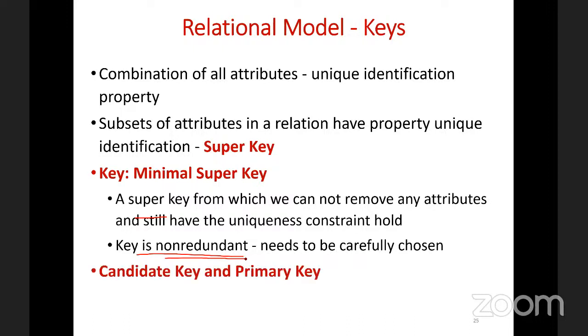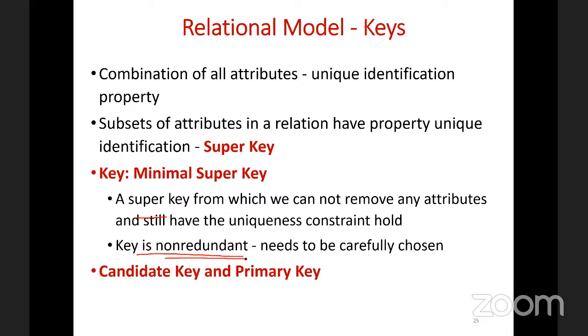Now, when we say we have keys, for example, in some class roll number has the unique identification property, and the name also has the unique identification property, and both are one single attribute. You can't remove anything. So when we go for the minimal super key, we have two keys: one is your roll number, another is your name.